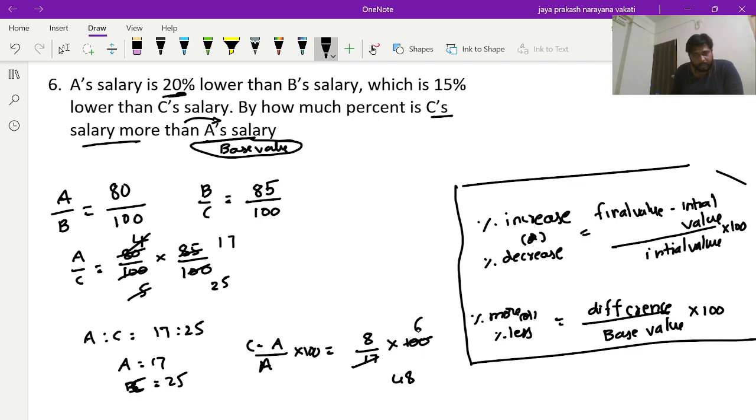It is actually 47 point something, so our answer will be less than 48. This will be our final answer for this question. I hope you understood this. Let me move on with the next problem.